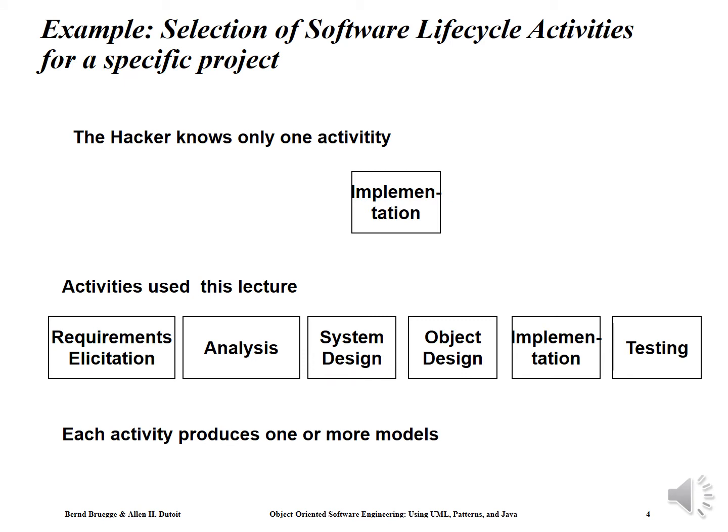Each activity produces one or more models. For example, as a result of requirement elicitation and analysis, the SRS will be produced. As a result of system design, a design document containing the UML diagrams will be produced.